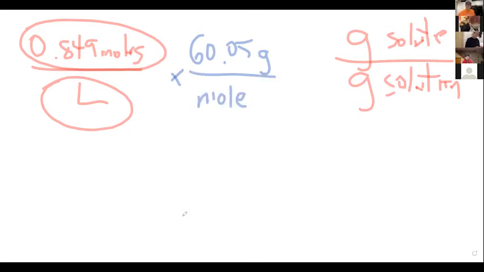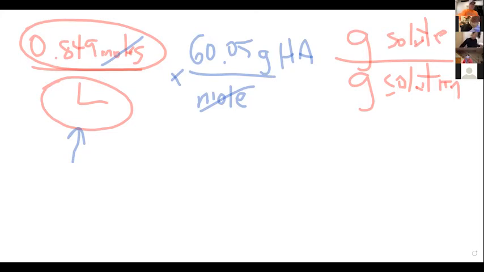I think that's the molar mass of acetic acid. And so that gets rid of moles. So now I've got that many grams of HA.